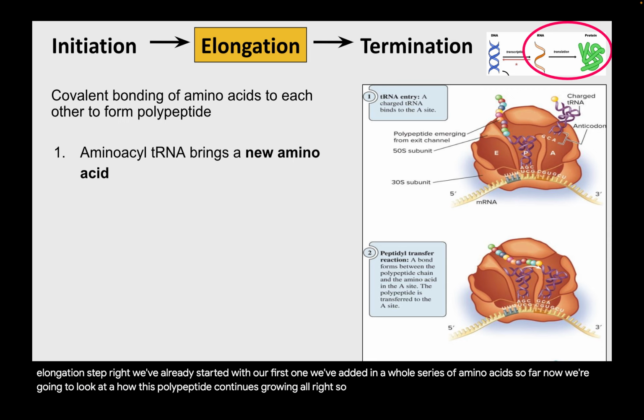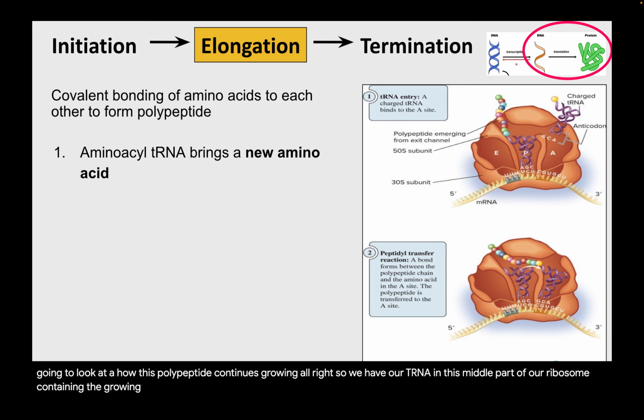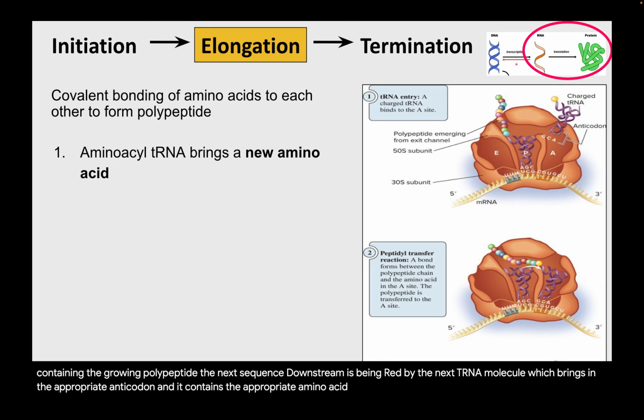All right, so we have our tRNA in this middle part of our ribosome containing the growing polypeptide. The next sequence downstream is being read by the next tRNA molecule, which brings in the appropriate anticodon and contains the appropriate amino acid.